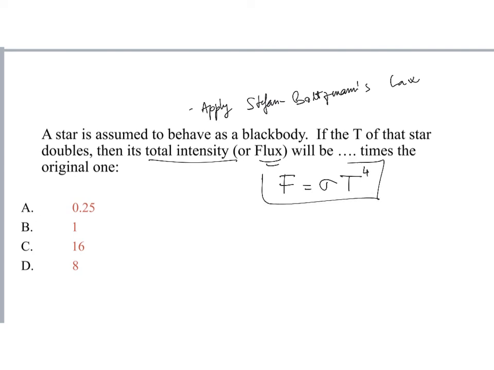So this is the law we're going to use. Now let's read the question. Should have done that before. So a star is assumed to behave like a blackbody, and as I said, that happens actually very much with almost all of the stars that we see out there. Now, if the temperature of that star doubles, so again, we're in that situation, 2 times the temperature, right? So initial, and then new temperature.